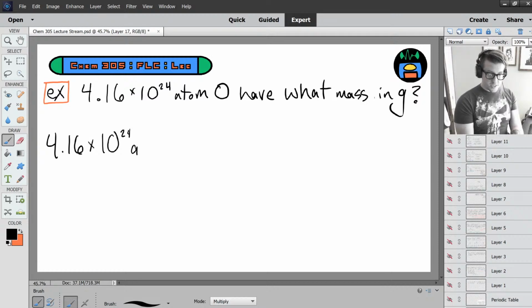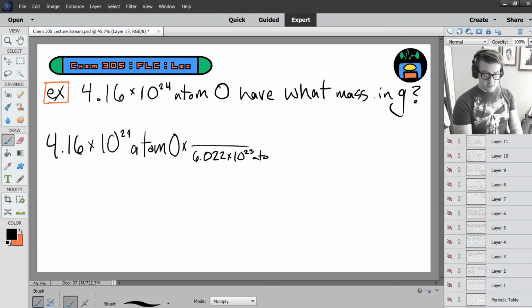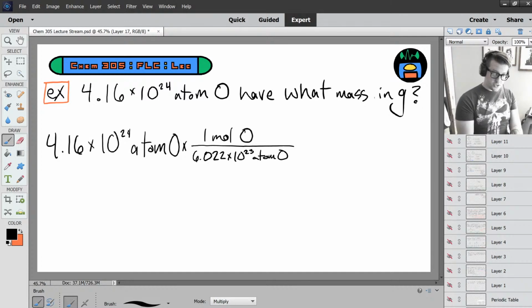So we have 4.16 times 10 to the 24th atoms of oxygen. To convert from atoms to moles, we need Avogadro's number, right? 6.022 times 10 to the 23rd atoms of oxygen in the denominator is 1 mole of oxygen. So now atoms of oxygen cancel.